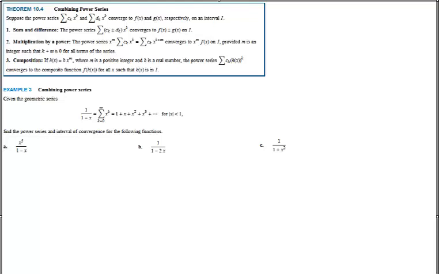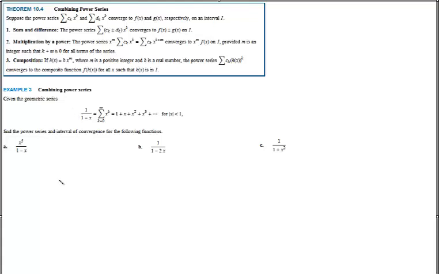In Theorem 10.4, we are able to combine different power series using this theorem. So very similar to what we do with limits, and just an extension of what we have been doing. If I look at this here, I notice that I have an x to the 5th over the power series that they have given me.